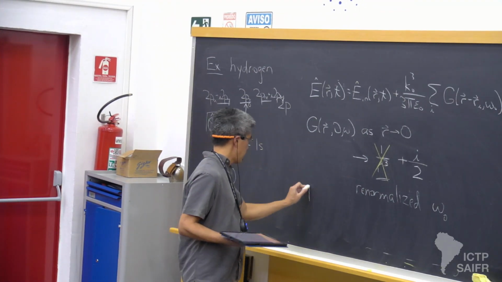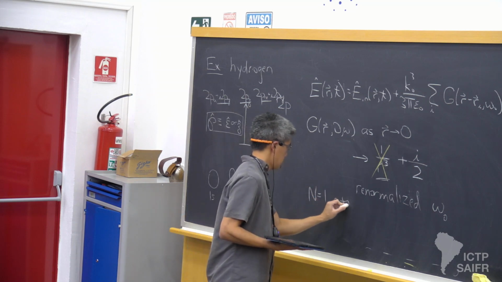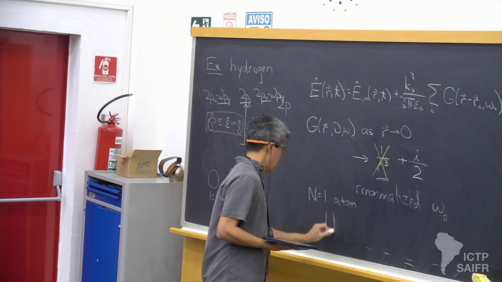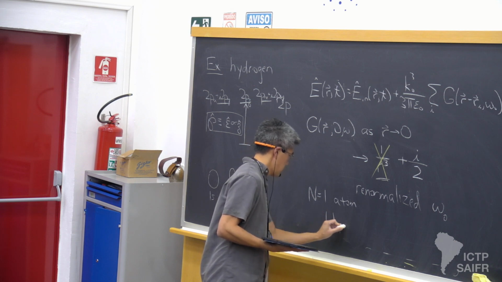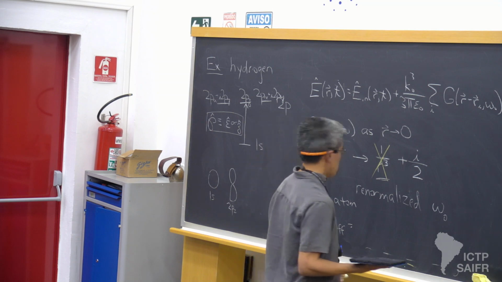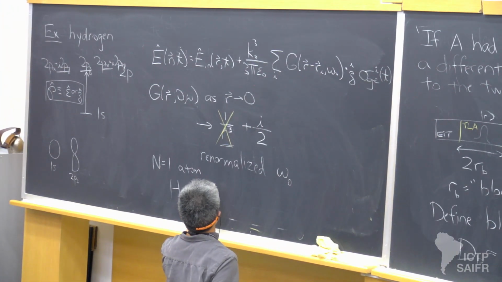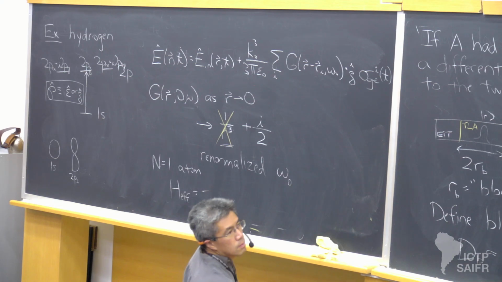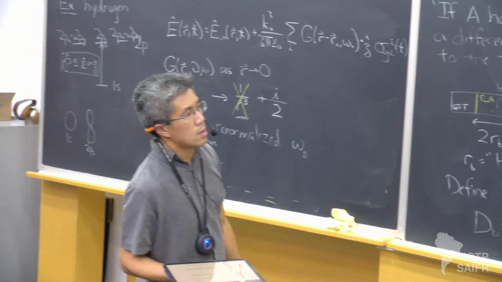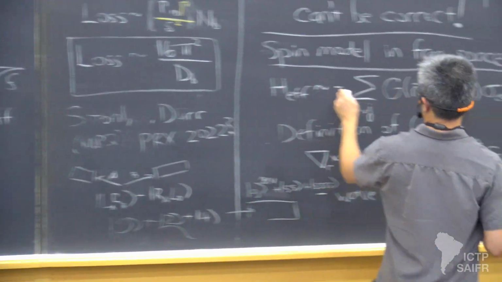So if we just have n equals 1 atom, then our effective Hamiltonian would just be minus g... sorry, I left out a prefactor.